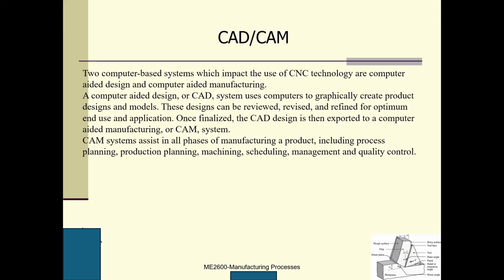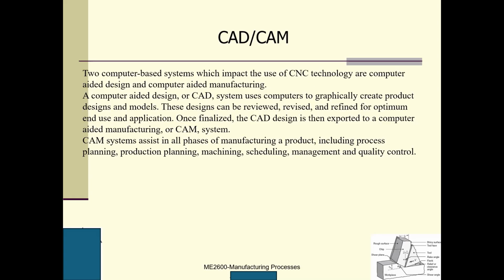Abaqus is a CAD model, but it also has very powerful finite element capacity, so here I'm only talking about the pre-processing within Abaqus. That means CAD. SolidWorks, Creo, all these are CAD. Now this design can be reviewed, revised, and refined for optimum end use and application.